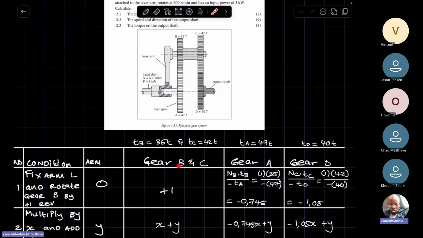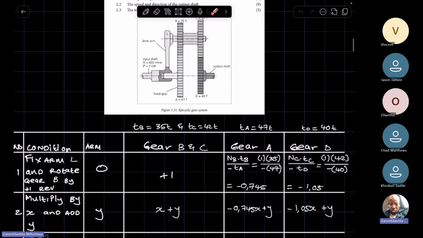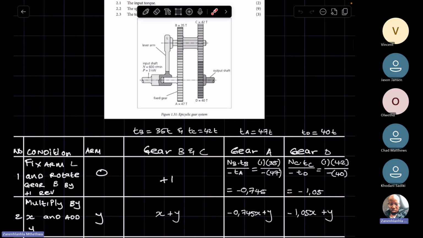The annulus here is B, so I rotate gear B, which I've selected as my annulus, by 1 revolution clockwise. Then you look at which gear meshes with the annulus. B meshes with A, and that is why gear A is the next column here.